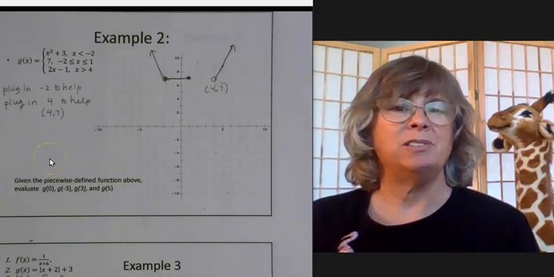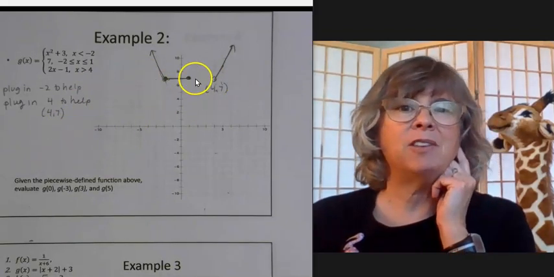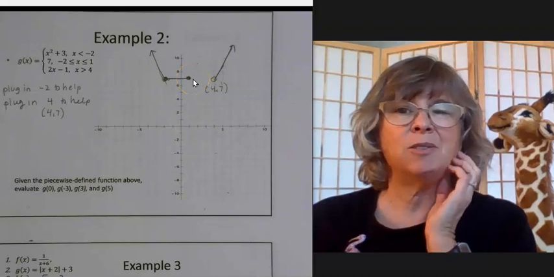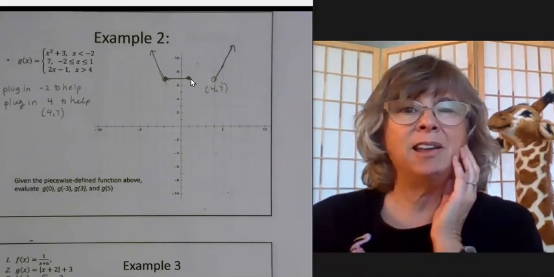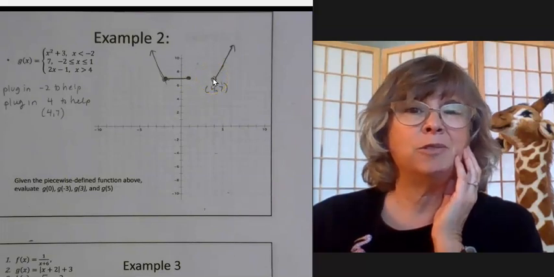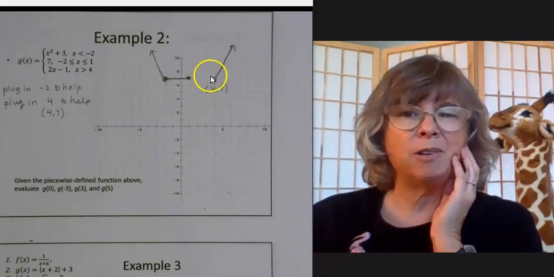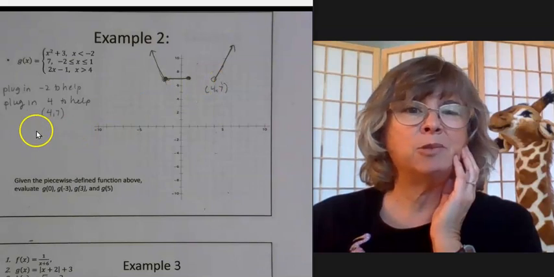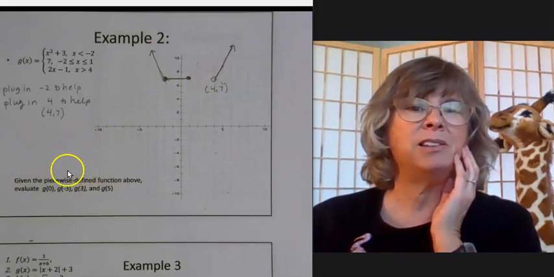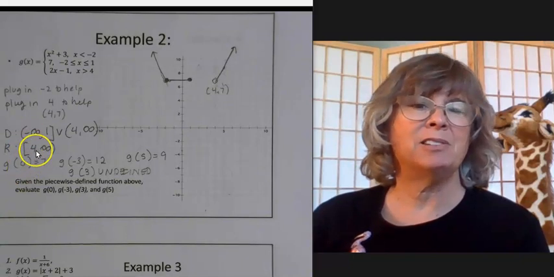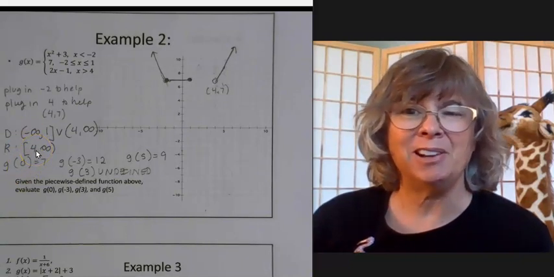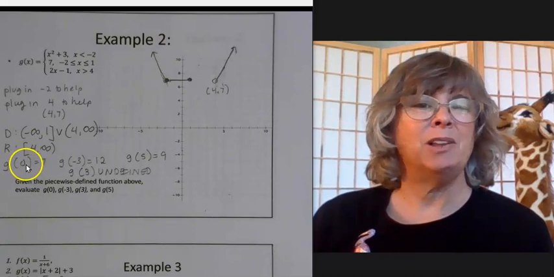Now what's interesting about this one is the domain. There are values that are excluded for x. There is no x value greater than 1 and less than or equal to 4. So that's excluded from the domain. Let's establish what the domain is, and then let's plug in these values. Okay, and then plug in a 0.